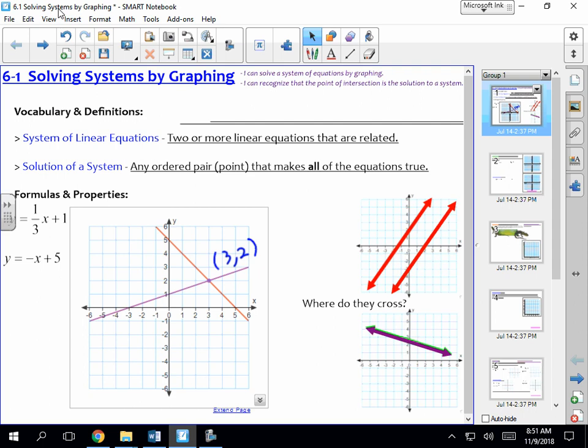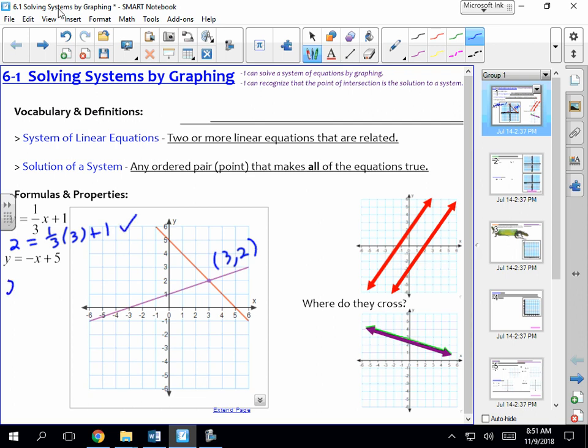Here's another way to think about it. If I were to plug in 2 for y here, and 1/3 of 3 plus 1 on the other side, is this equation true with this solution put in for x and y? 1/3 of 3 is 1, right? 1 plus 1 is 2, so 2 equals 2, it checks out.